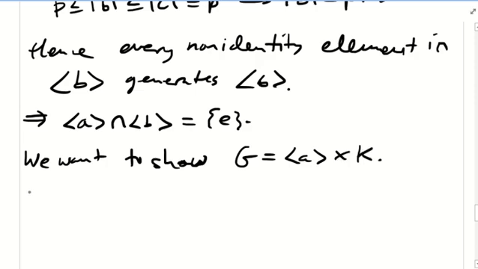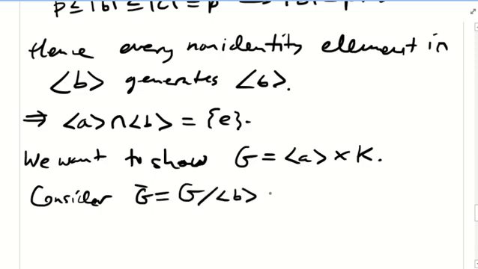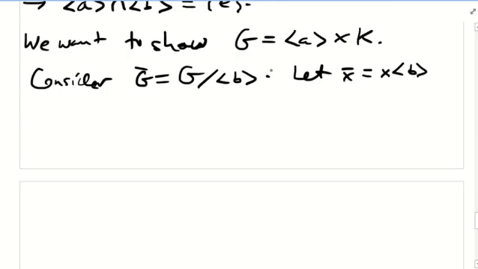To do this, let's consider the factor group G mod the subgroup generated by B. Since G is abelian, all subgroups are normal, so this is a group. Let's use some notation. X bar is going to be the factor group representative in G bar, the element given by the coset of X.